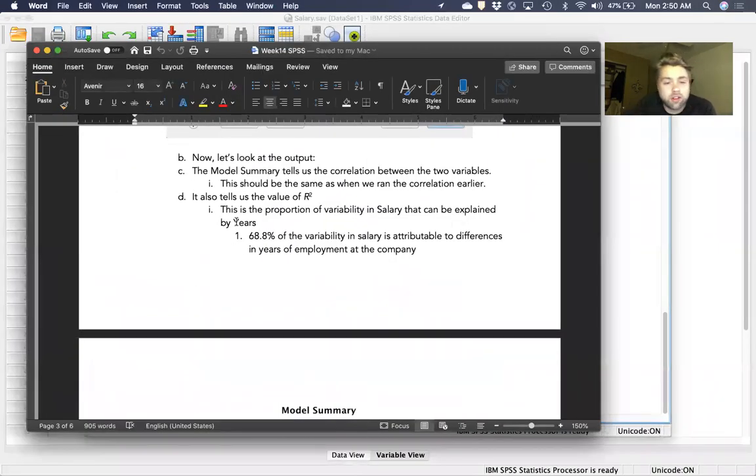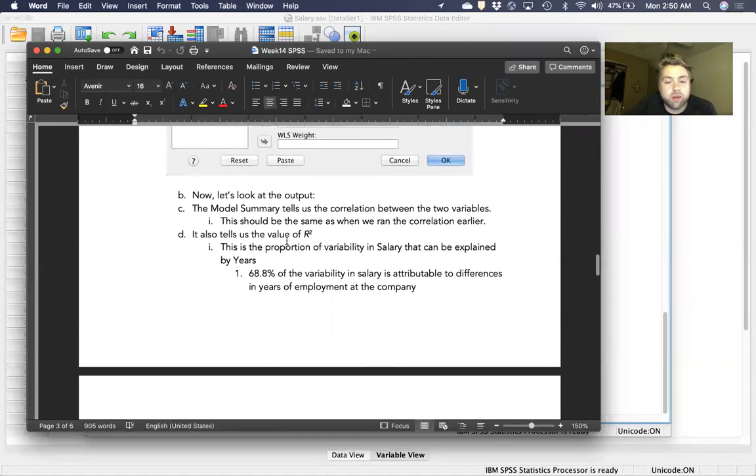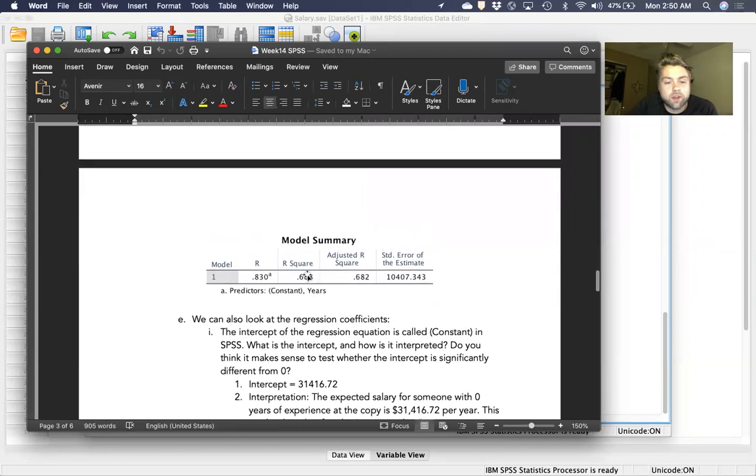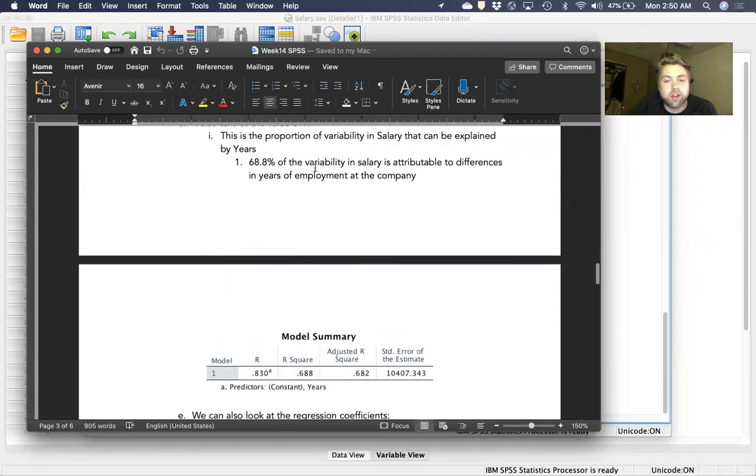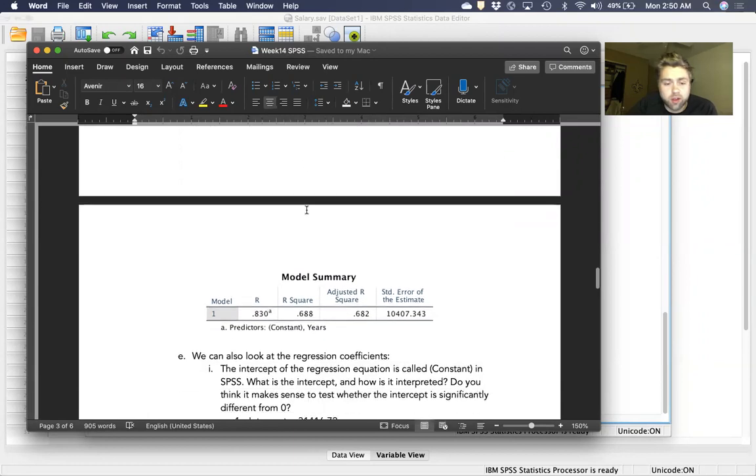We can also see from our R squared, right here, that 68.8% of the variability in salary is attributable to differences in years of employment at the company.